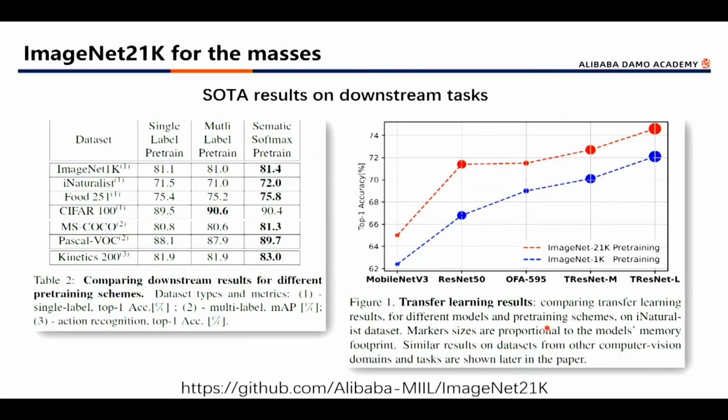Doing this, I'll focus on the results on the right. We get significant improvement. So the blue curve is what you get when you train with ImageNet 1K, the standard one everybody is used to. The red curve is what you get with ImageNet 21K. The x-axis here shows different architectures.